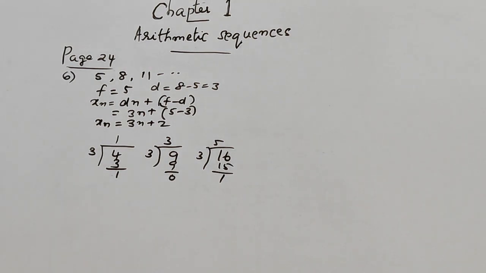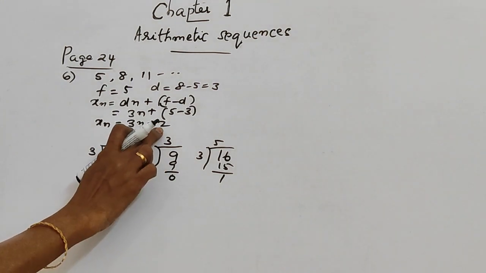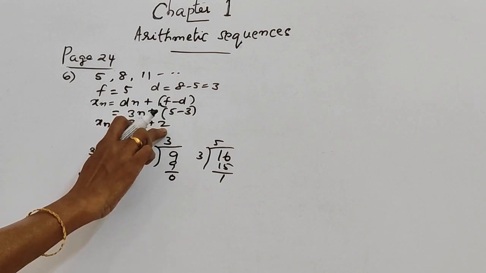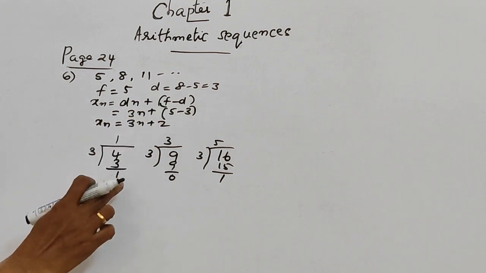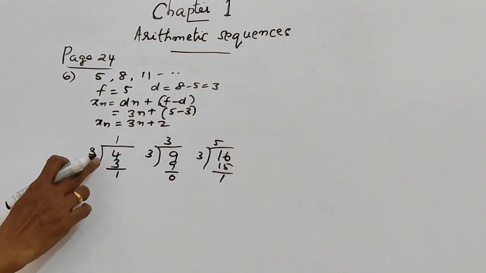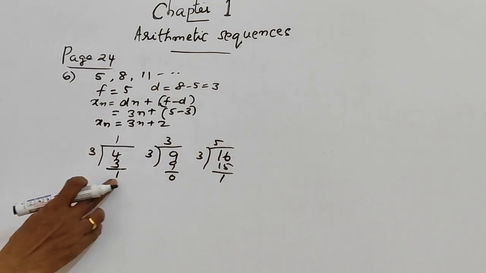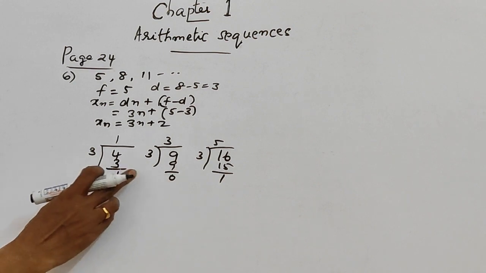So from this we can understand that if we divide a perfect square by 3, we have to get remainder 1 or 0.